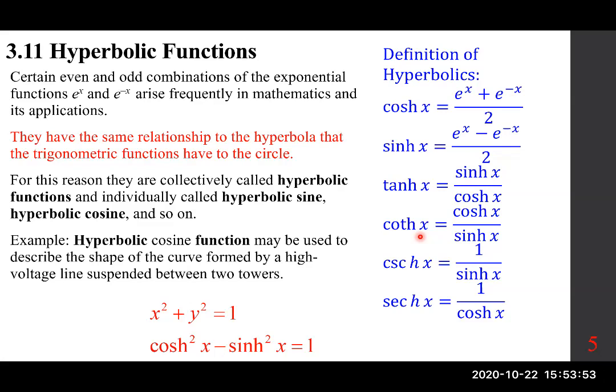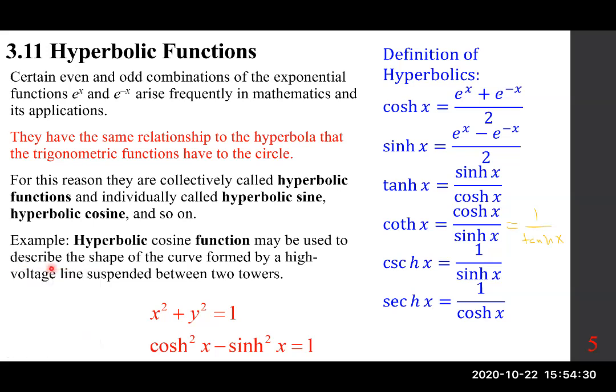Then, following the trigonometric functions, we define the following. Hyperbolic tangent. Remember, tangent was sine over cosine, so hyperbolic tangent is sinh over cosh. Cotangent was cosine over sine, so it's hyperbolic cosine over hyperbolic sine, or we can say 1 over hyperbolic tangent.